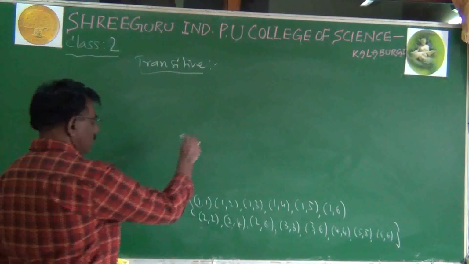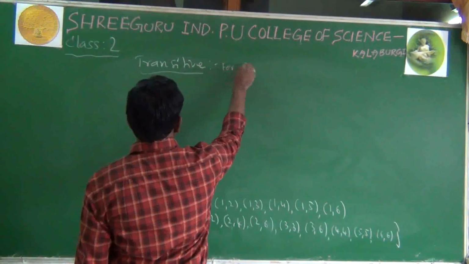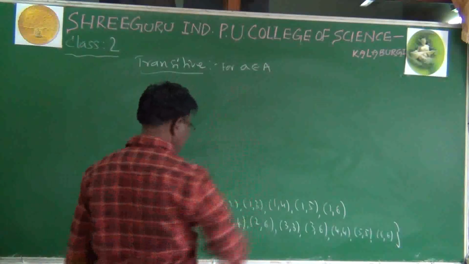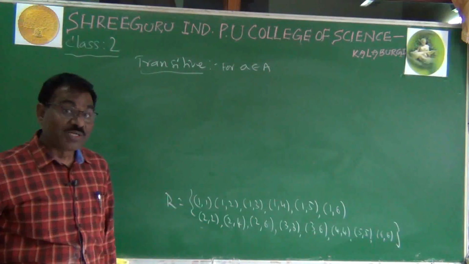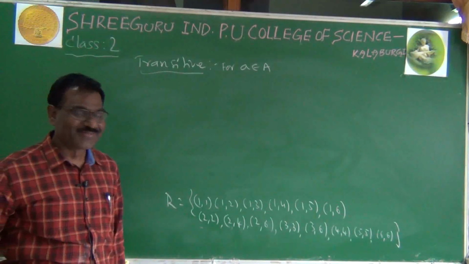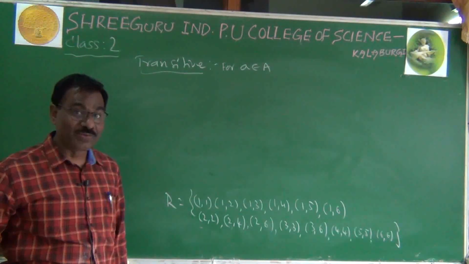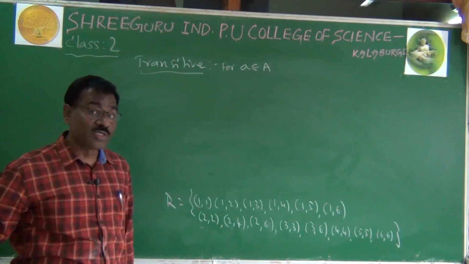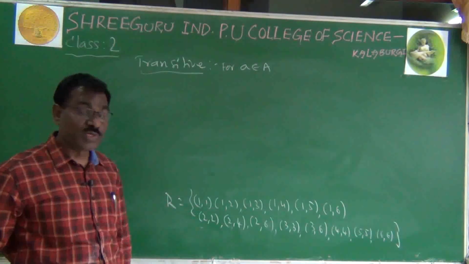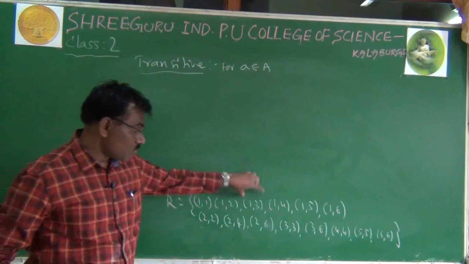So therefore, for A belonging to set A, I am not taking all of this, but it must belong to R. Transitive means how many possibilities you are taking.